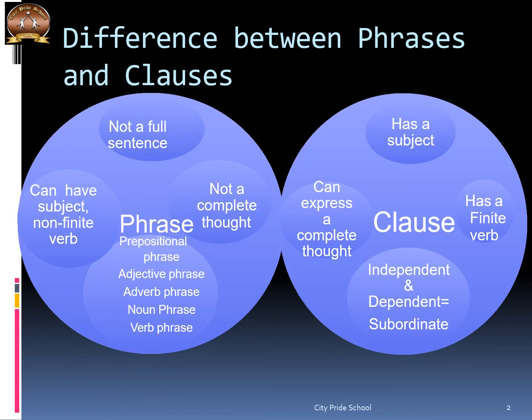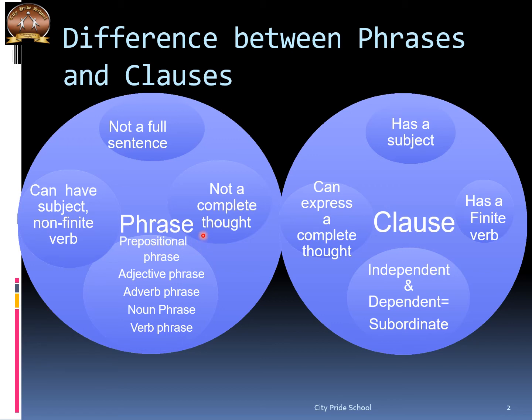So children, before we actually move on to our main topic clauses, let me just brief you about the difference between phrases and clause. This will help you understand what is a clause distinctly. So what is a phrase? It is not a full sentence, and hence it does not convey a complete thought. A phrase can have a subject but a non-finite verb, not a finite verb.